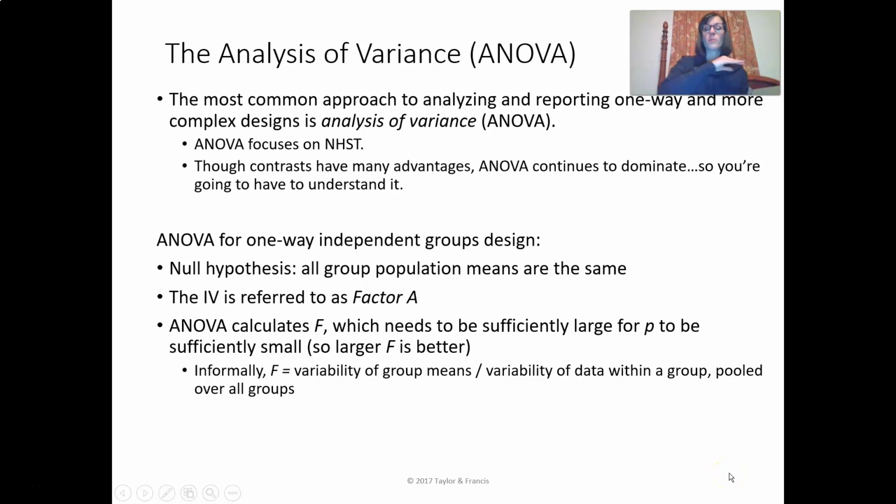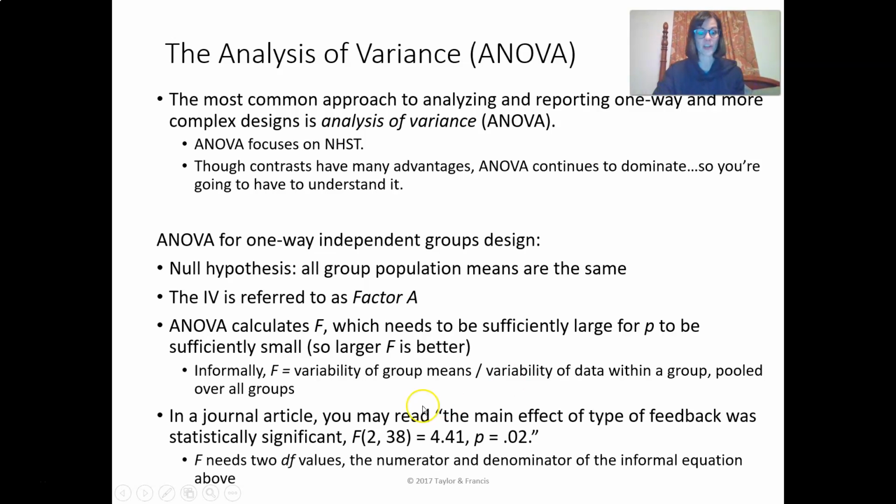So we need to see more between groups differences than we need to see within groups. So the larger this is, the more that we can be sure that the variability that we are seeing is due to our conditions or our manipulations and less due to chance or randomness or the fact that people are just different from each other.